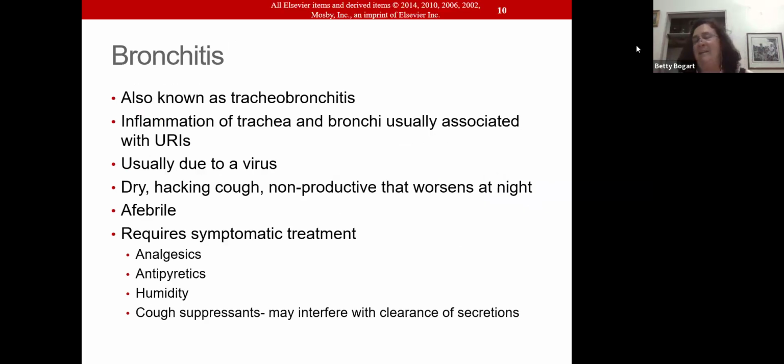Now, any of you had that cough all night long, dry cough, can't sleep? It's one of those frustrating things. Bronchitis, or tracheal bronchitis, is another name for it. That's when, again, another virus. It's a dry, hacking, non-productive cough that worsens at night and does not let you sleep.